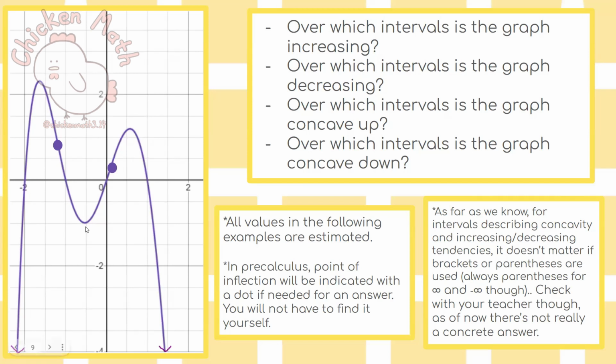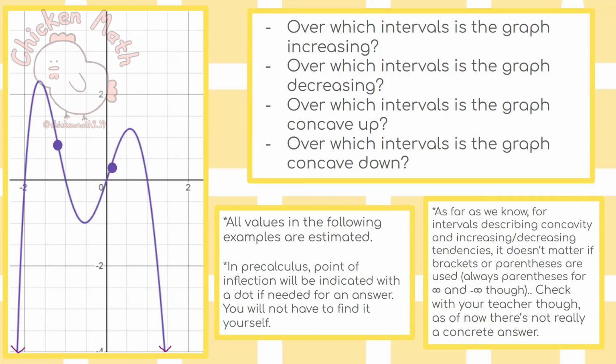And if we look from this point to this point, that's also where the output values are increasing as you go along the x-axis. So that's roughly negative 0.5 to 0.6. Now, all values in all of our examples are estimated, so we're just going to be eyeballing it.